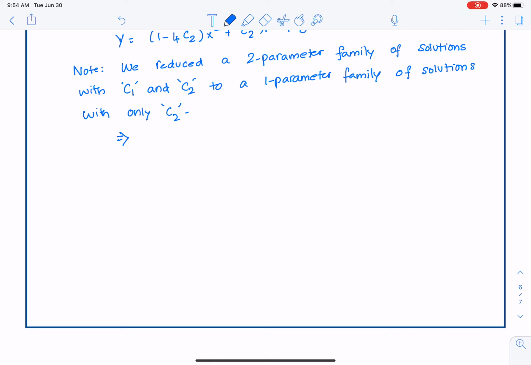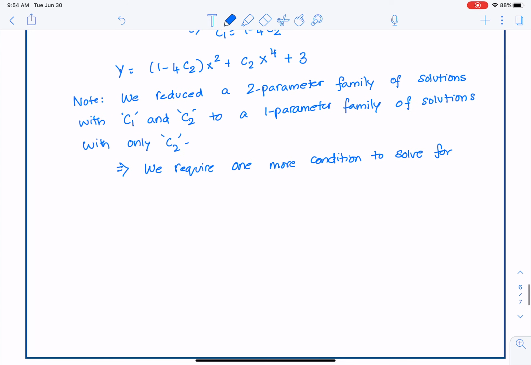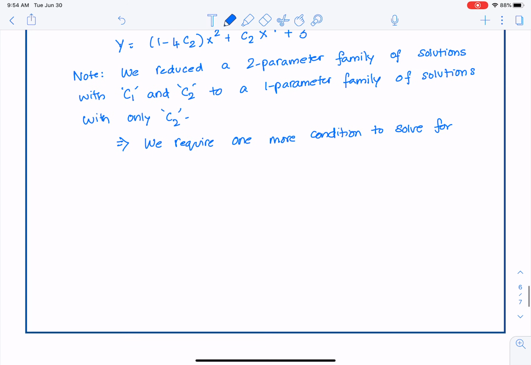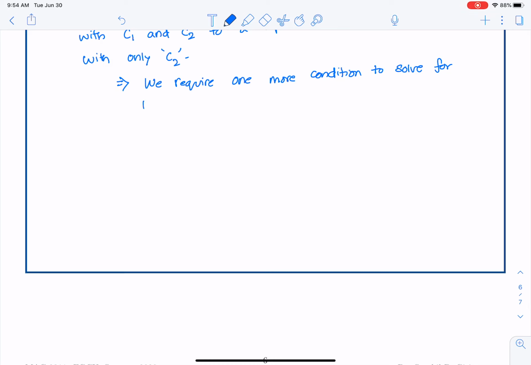So we require one more condition for the solution.